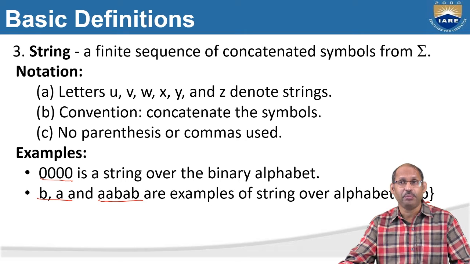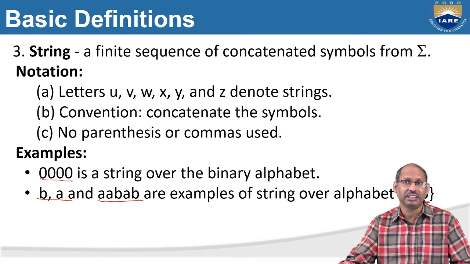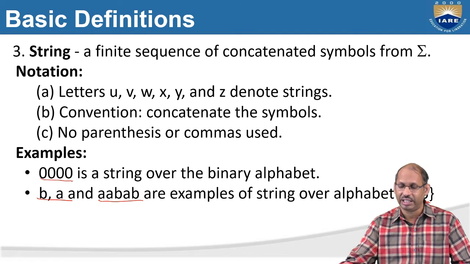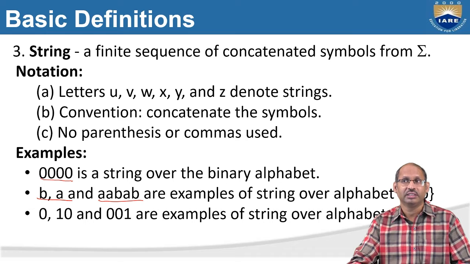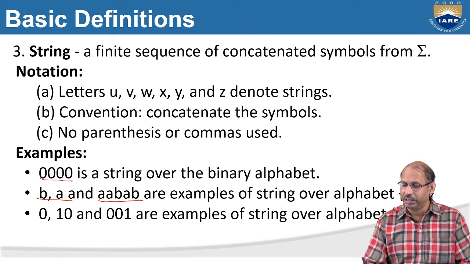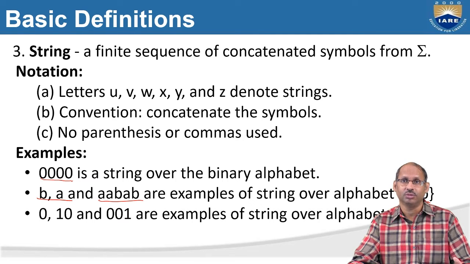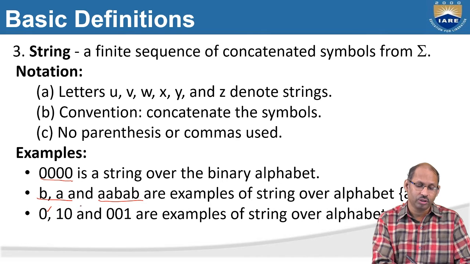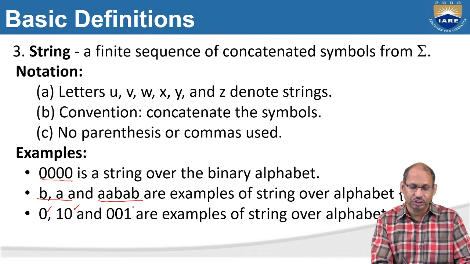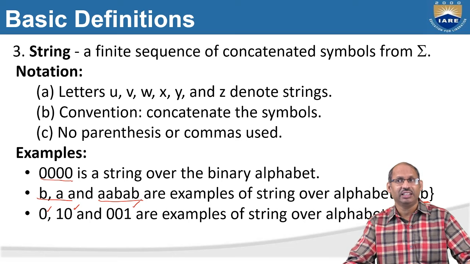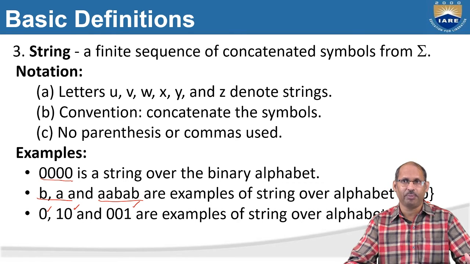Then aabb is a string of four symbols constructed from the alphabet a, b. Then here our alphabet is 0 and 1, and example strings are 0, 1, 0 0 0 1. It is a string of symbols from some alphabet, right?